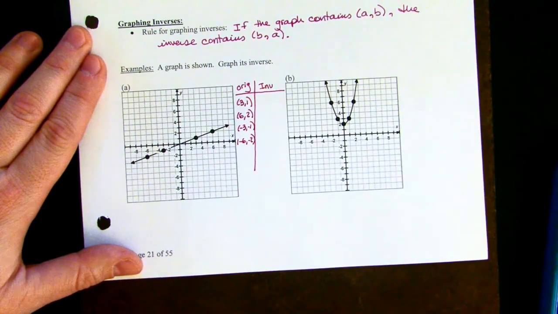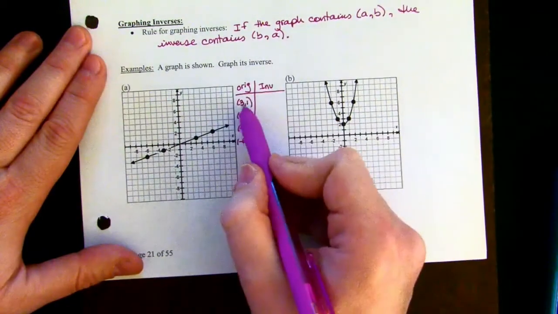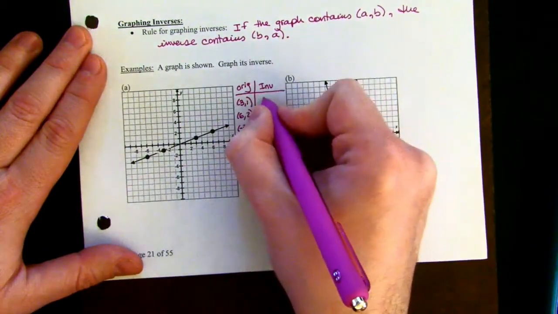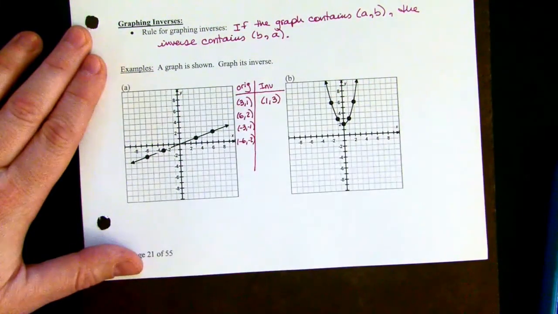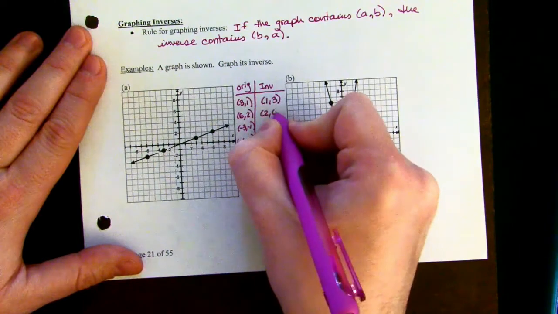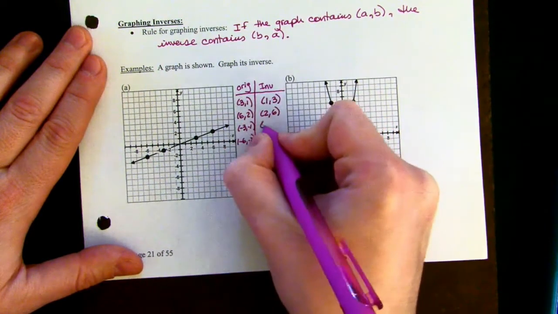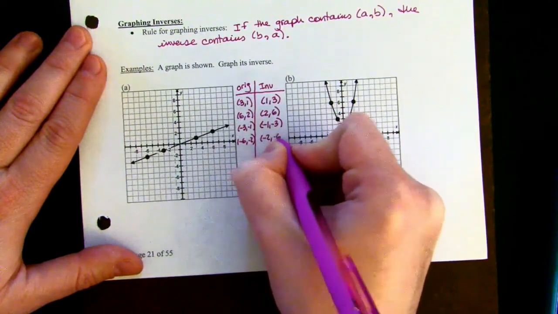The point is, if the original has AB, the inverse has BA. The original has 3 comma 1, which means the inverse is going to have the point 1 comma 3. The original has 6 comma 2. The inverse is going to have 2 comma 6. And negative 1, negative 3, and negative 2, negative 6.